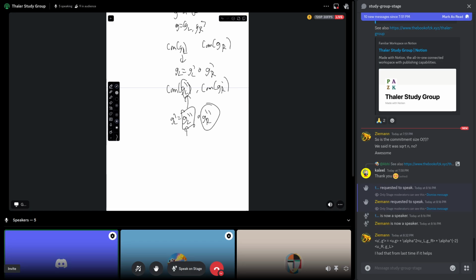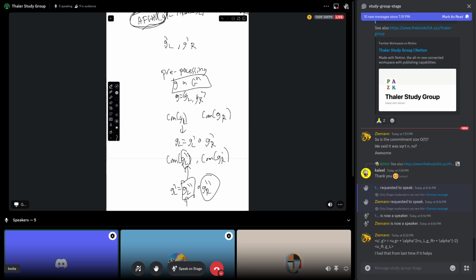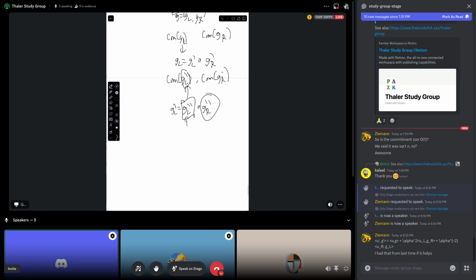So in the end, what you wind up with is the following. The original commitment key had size n, so n random group elements. That's the bulletproof commitment key. And the preprocessing phase takes those n totally random uniform group elements and compresses them down. What comes out of the preprocessing phase is 2 log n group elements.